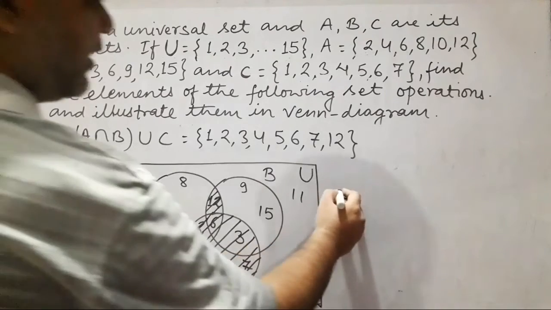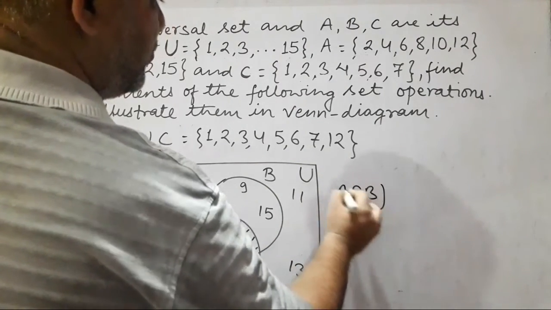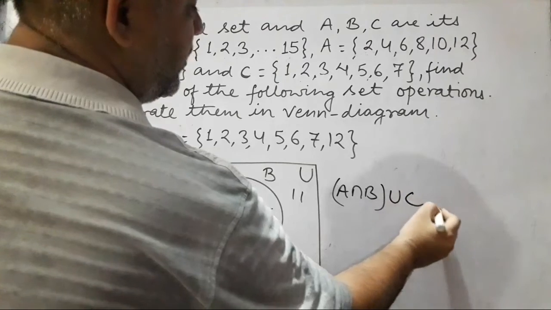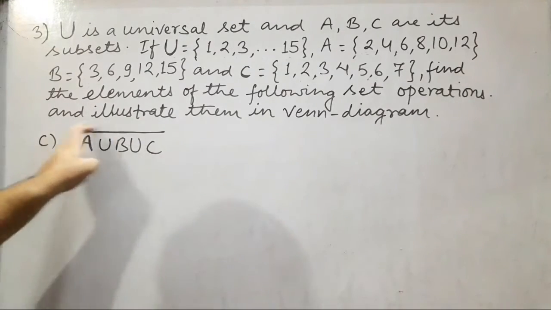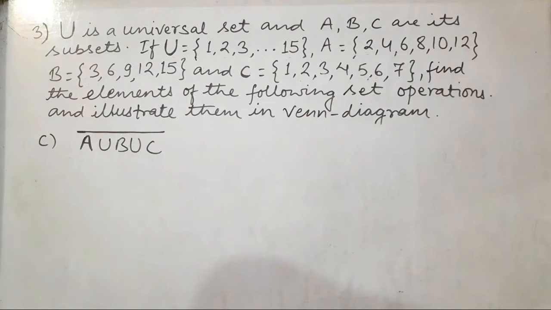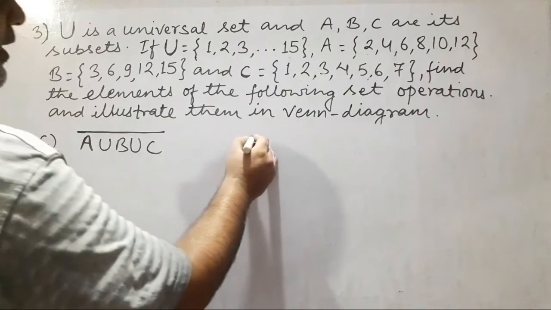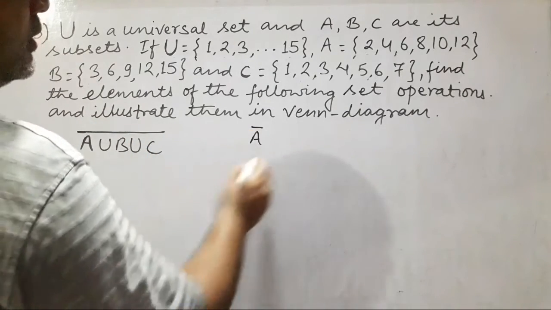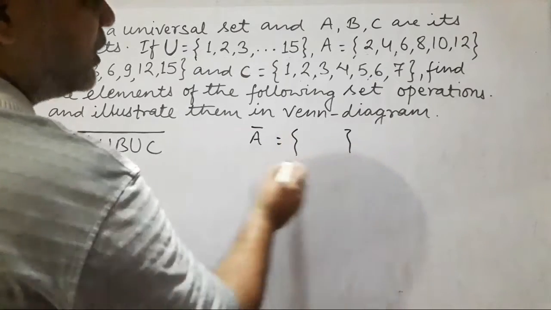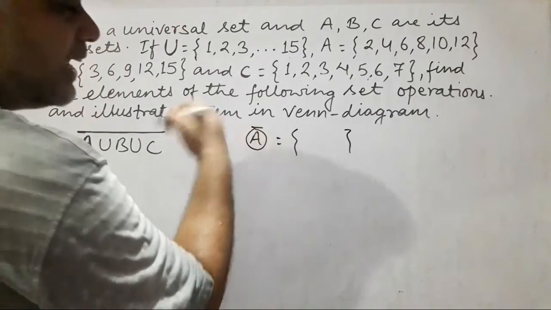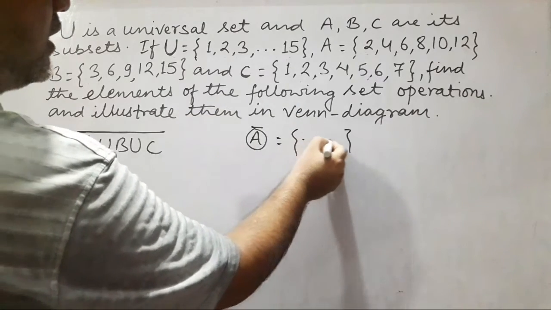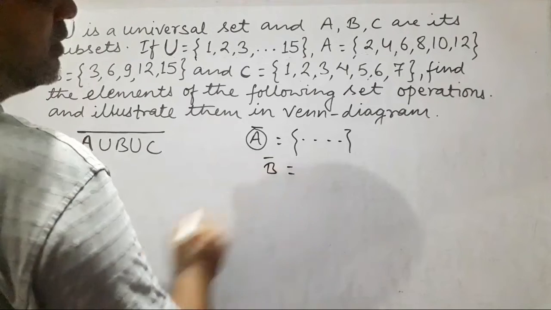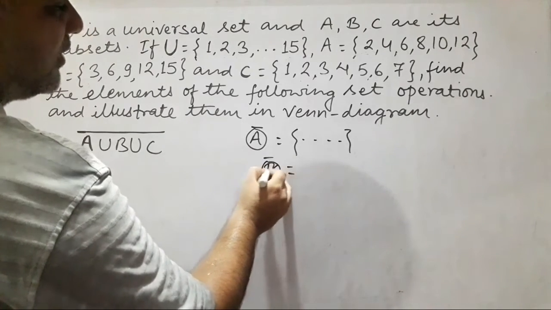So this is A intersection B union C. Now, (A union B union C) complement. Complement denotes the elements which do not lie in that set. If I say A complement, it denotes the elements which do not lie in set A, except set A. We have to mention what the elements are. If I say B complement, the elements which do not lie in set B.